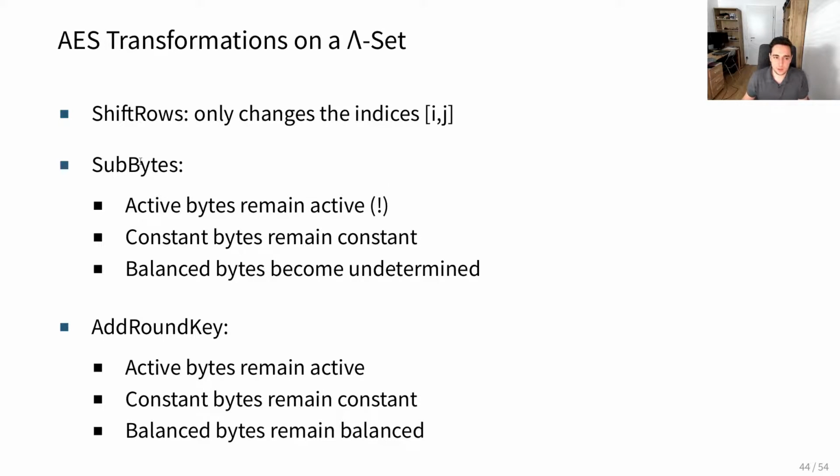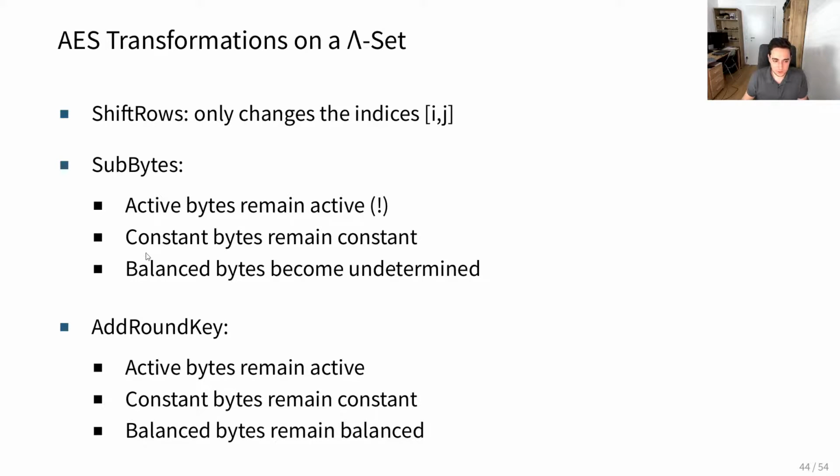What does it do to constant bytes? If we enter 256 times with the same value, the output may be some other value, but it's still the same for all plaintexts, so they remain constant. However, if I enter with a balanced byte, then the output becomes undetermined. We don't know anymore what it actually is.